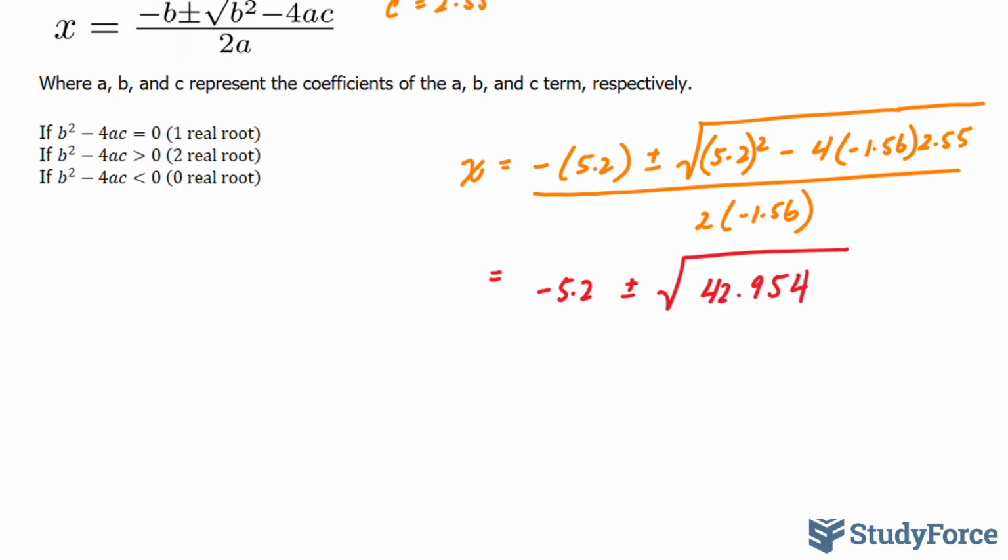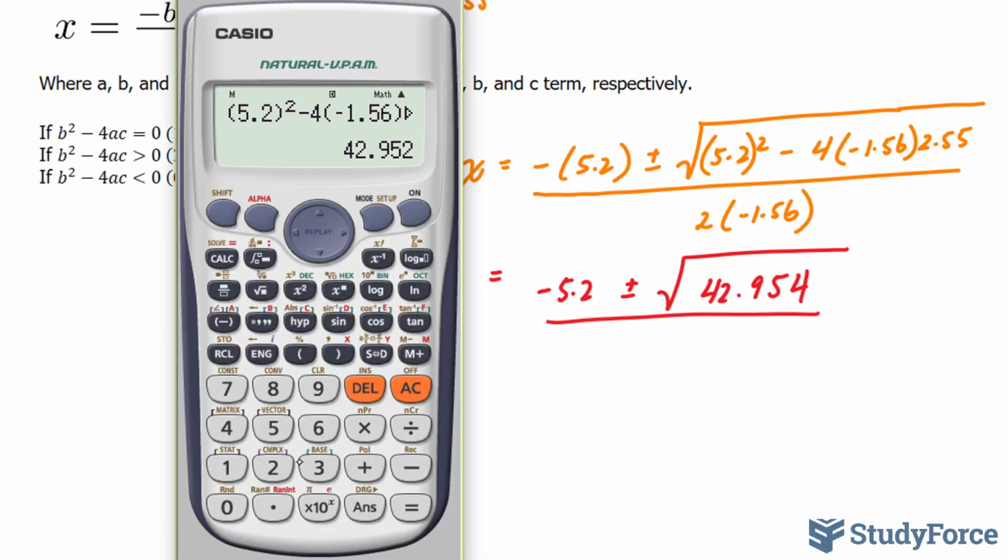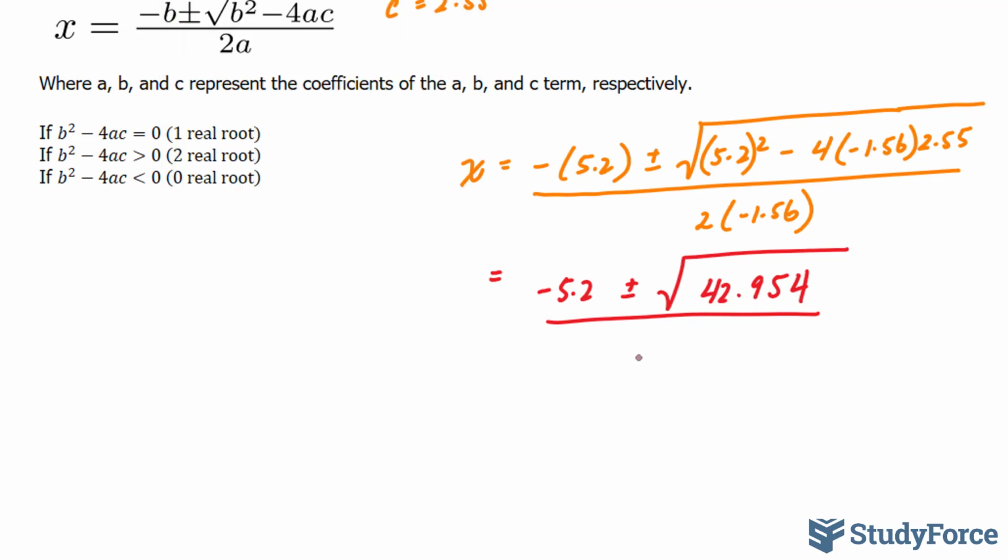Notice that this number right here is greater than 0, so you should expect two solutions. All over 2 times negative 1.56, and we get negative 3.12.